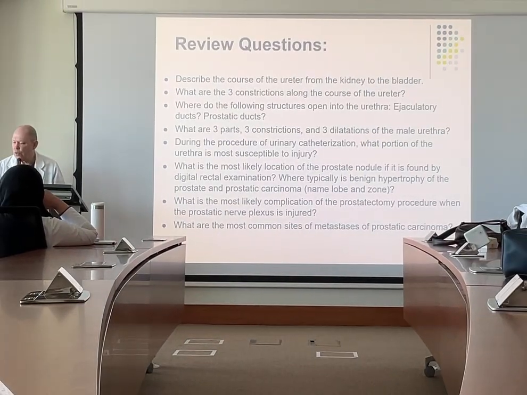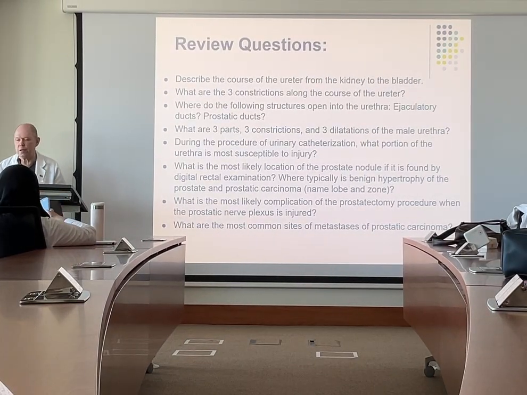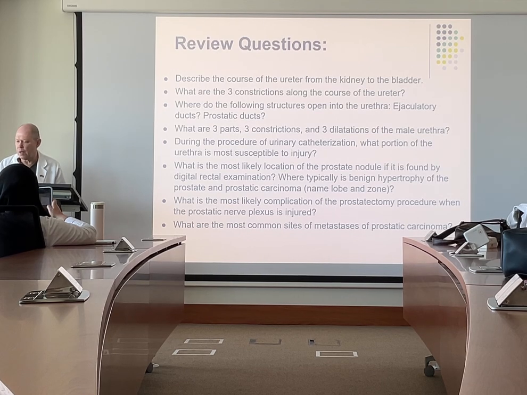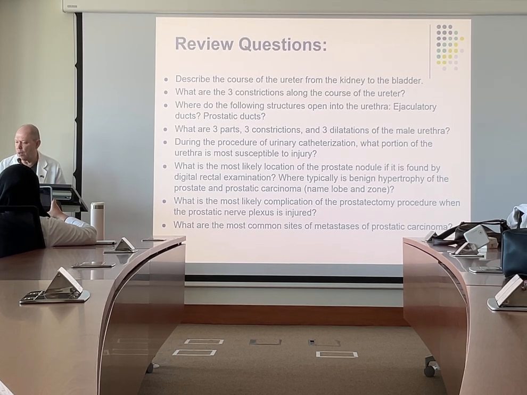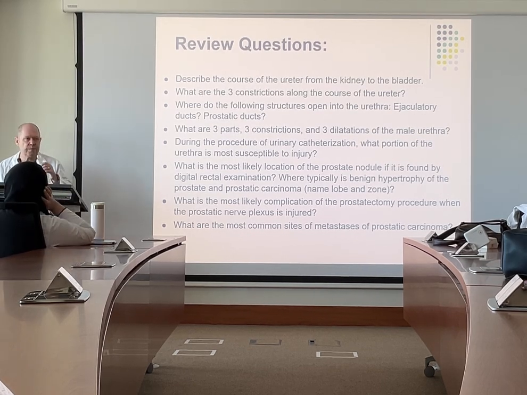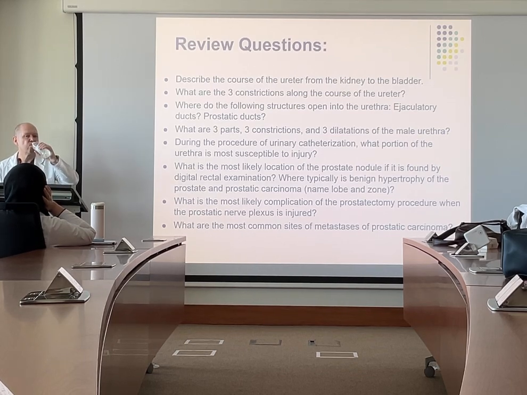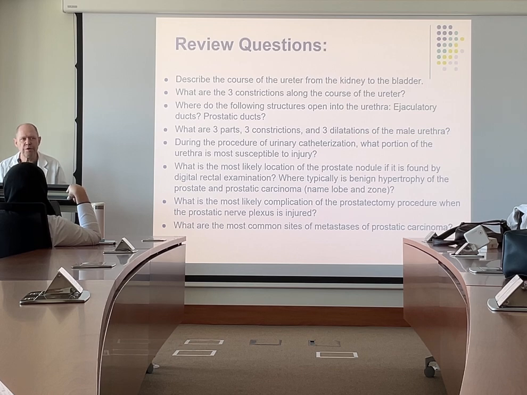Describe the course of the ureter from the kidney to the bladder. More specifically, what would be the three parts of the ureter? Abdominal portion, pelvic, and intramural, or inside the wall of the bladder.